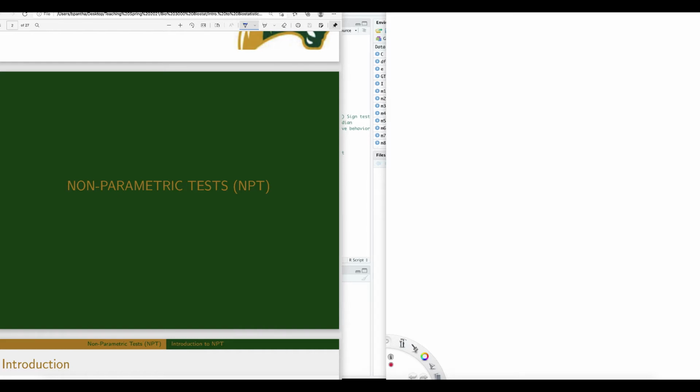In such a situation we use a slightly different test that does not require normality of the population, which is called a non-parametric test. In short, we call it NPT.